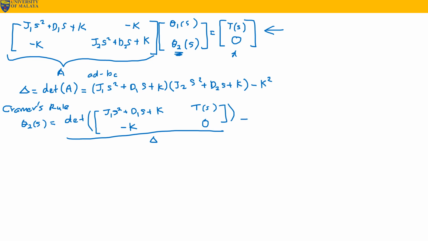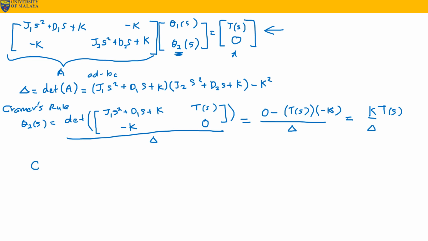If we work this out, the numerator would be 0 minus T of S times minus K, over delta, which is equal to K T of S over delta.